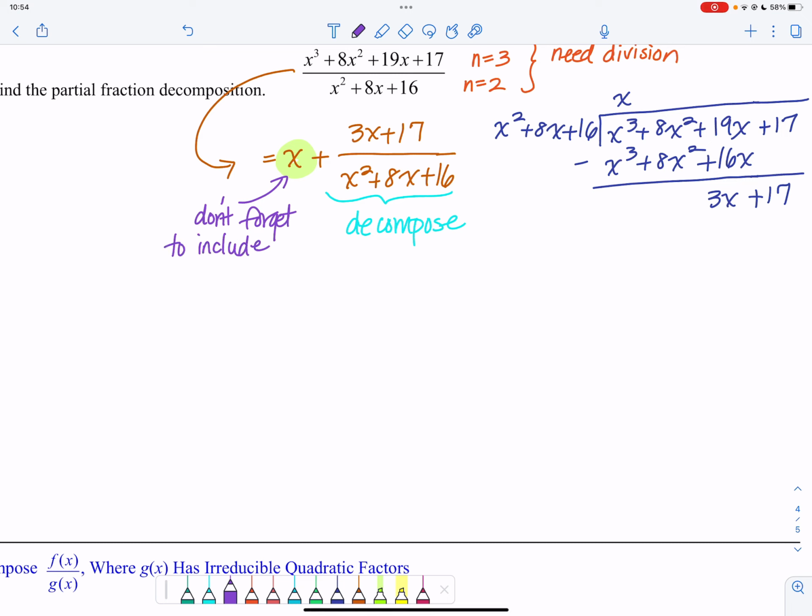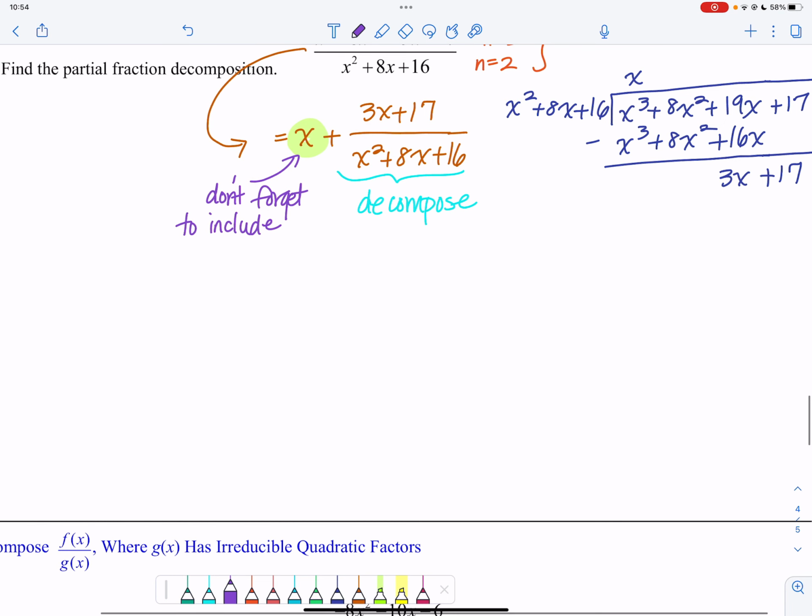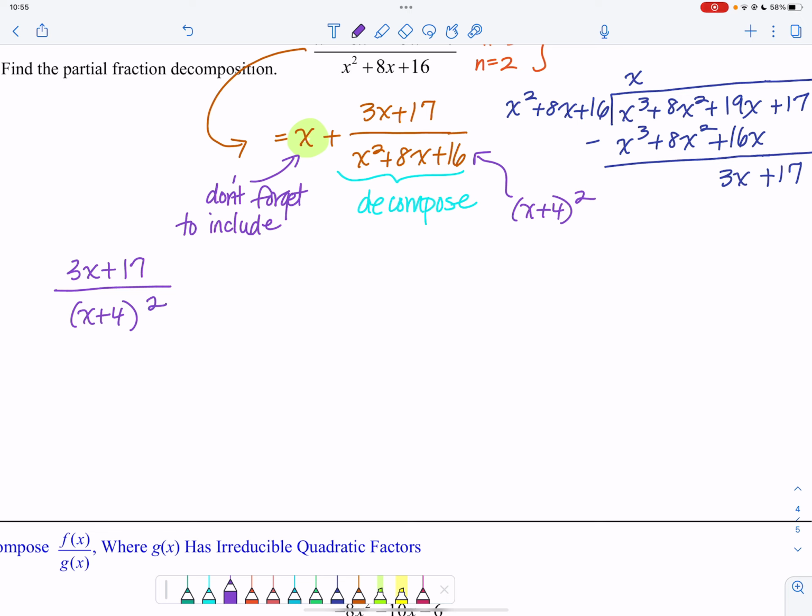Okay, so let's go ahead and decompose 3x plus 17. And I don't know if you noticed this. This is actually x plus 4 all squared. So we have x plus 4 squared. So we have a repeated linear factor.